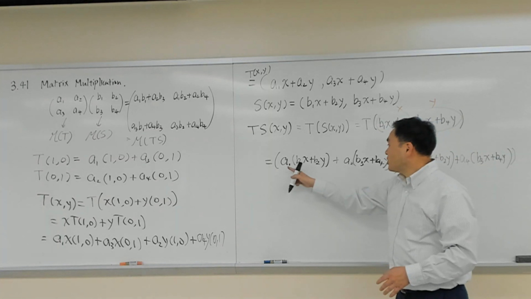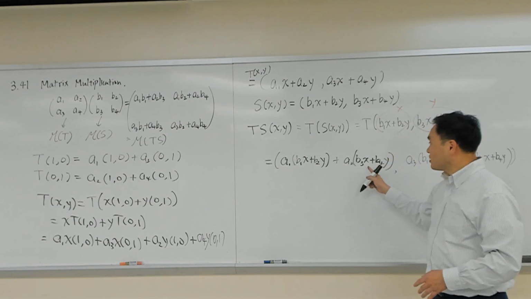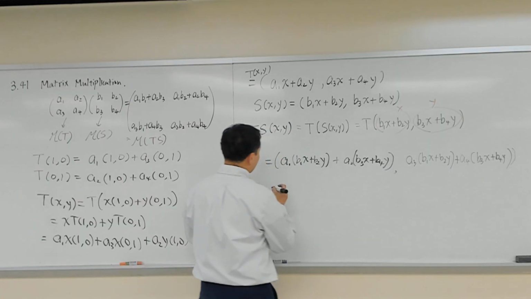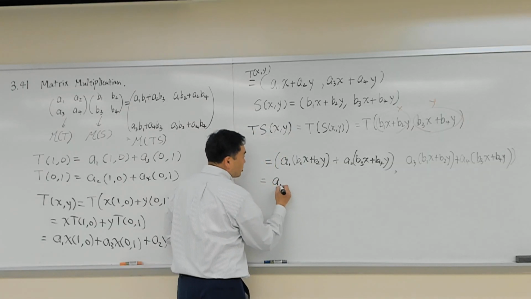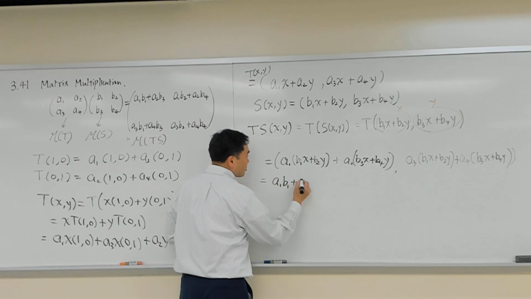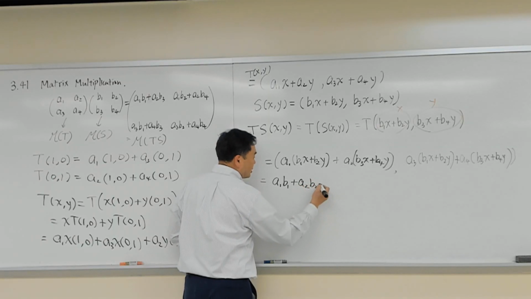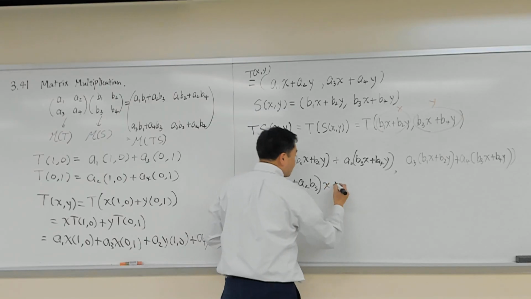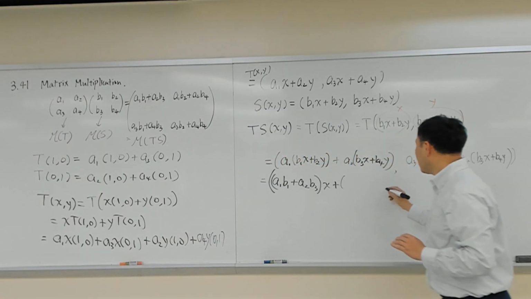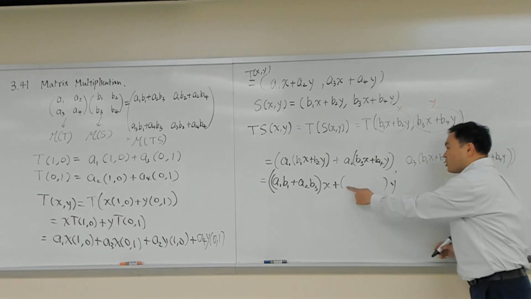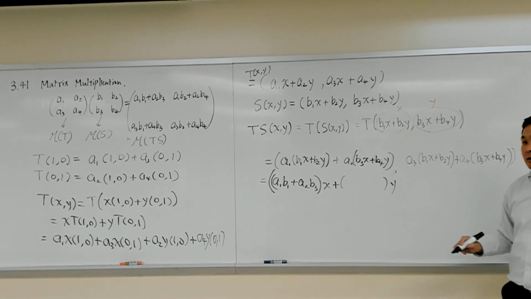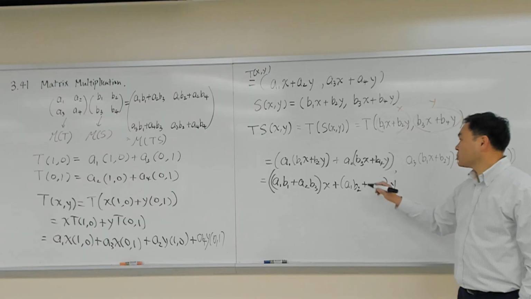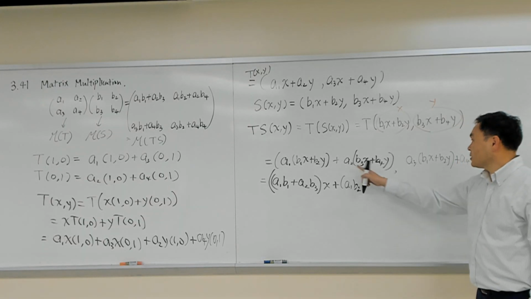So if I multiply them out and gather this one with this one, here's what we get. A1b1 plus A2b3 times x plus, okay, help me out here, what goes here? A1b2 plus A2b4 times y.